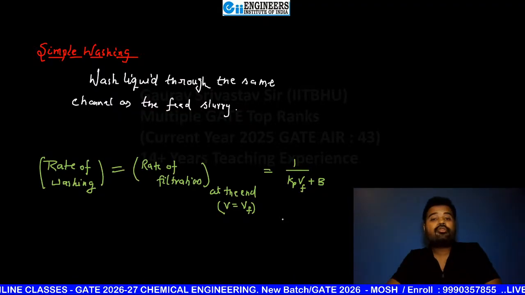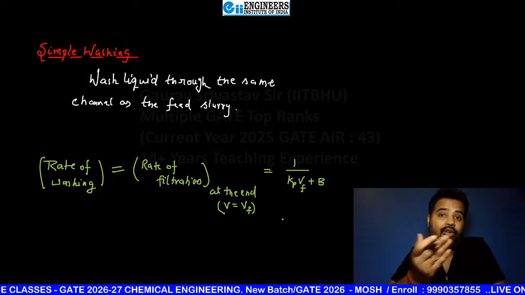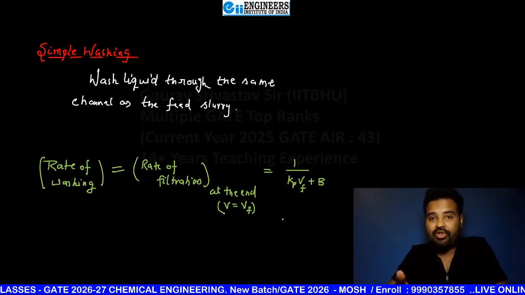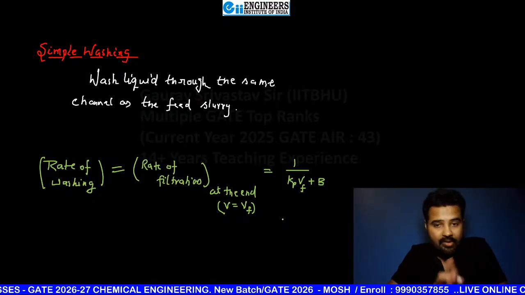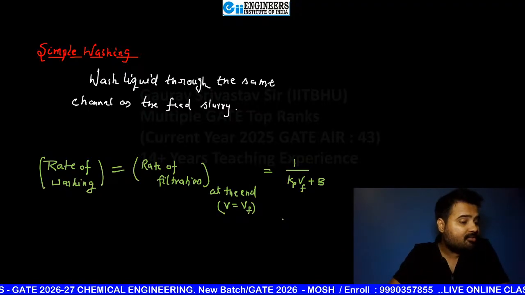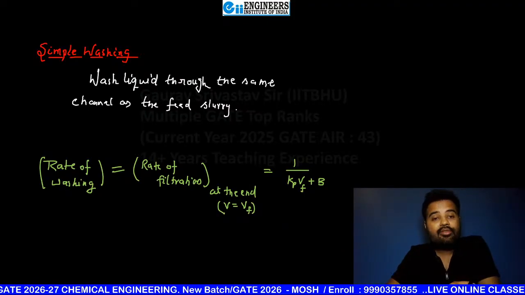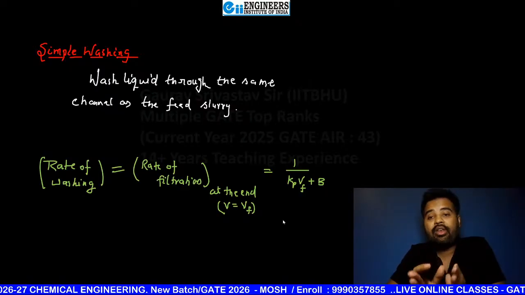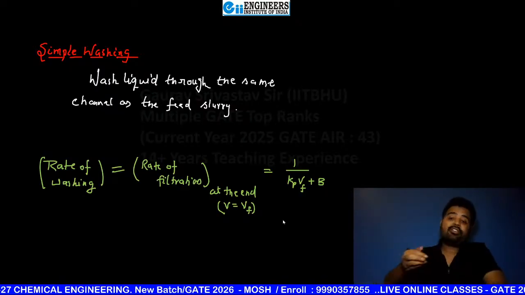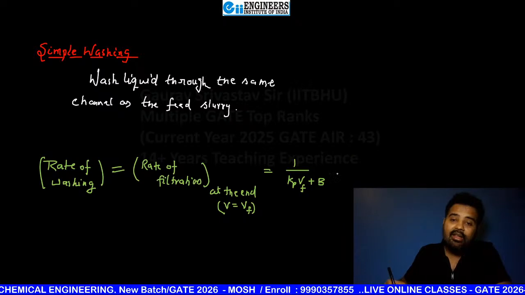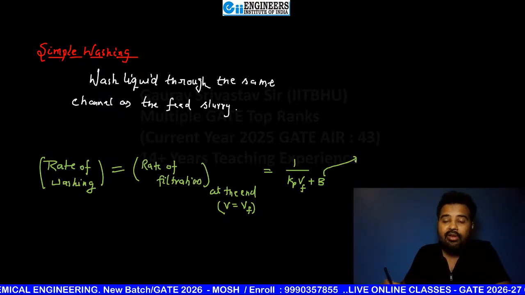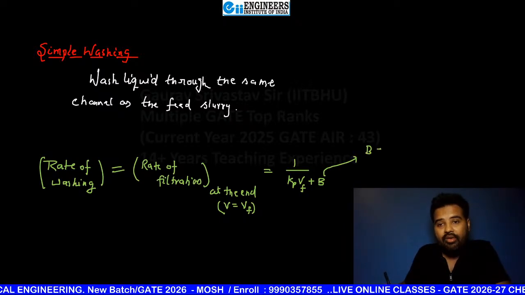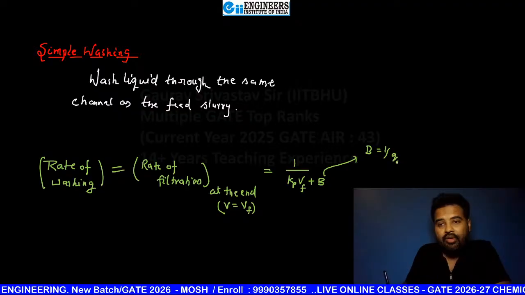How much total filtrate you had collected? That means at the end of filtration. So at the end of filtration, what is the value of V? V is total V. Are you getting my words, beta? That is why I am writing here rate of washing as 1 upon Kp Vf plus B, and this B was 1 by q naught.